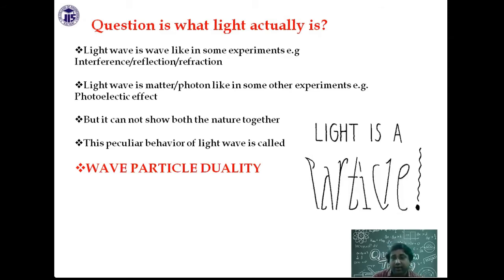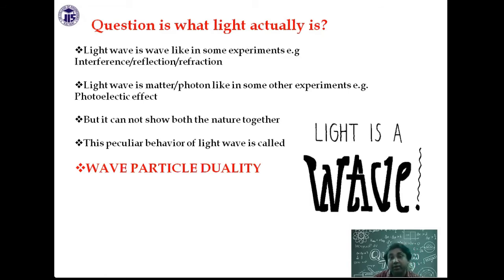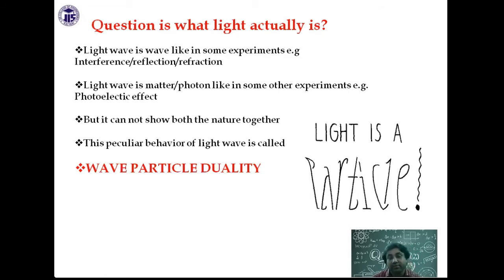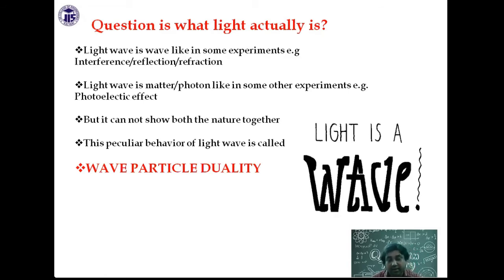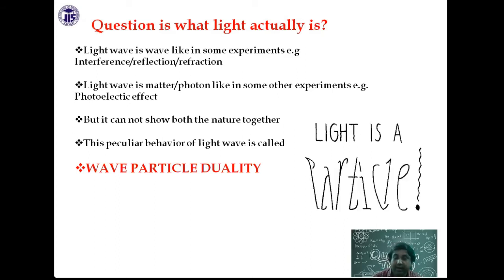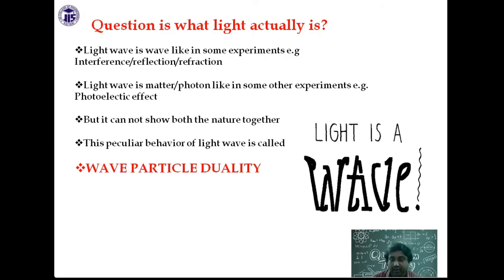Wave-particle duality is a story of betrayal. In your school days, light was a wave, with reflection and diffraction, and in first year, suddenly it is showing photonic nature. I'm telling you that light can be matter-like also. So this is a breakthrough in the development of quantum ideas, that a wave can be matter-like.